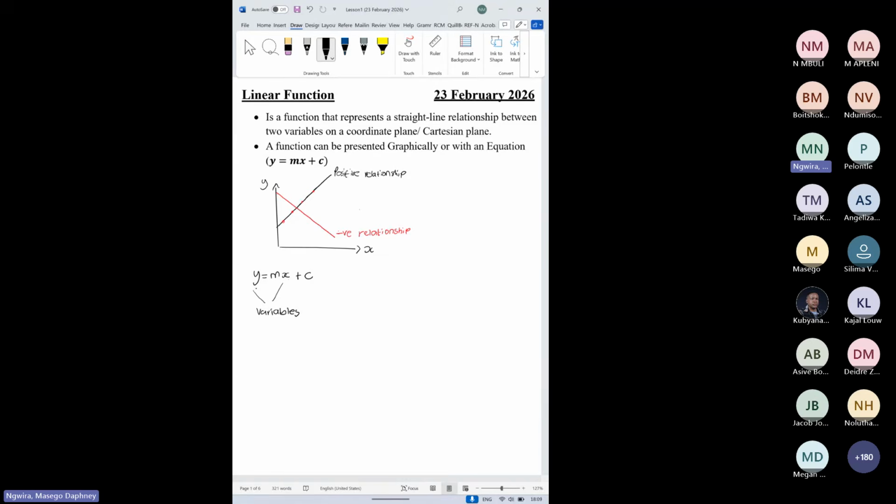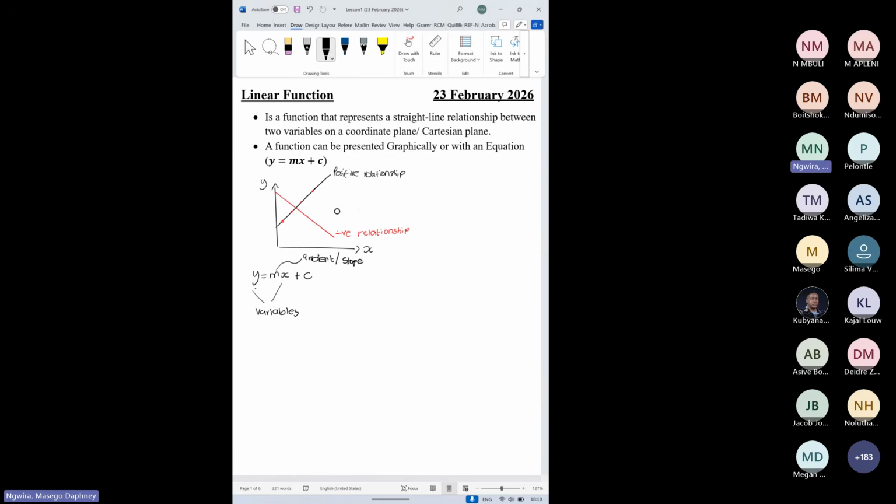We have special names for your m and c. Your m is what we call a gradient. Others call it a slope. The gradient, or the slope, measures the steepness of your graph.